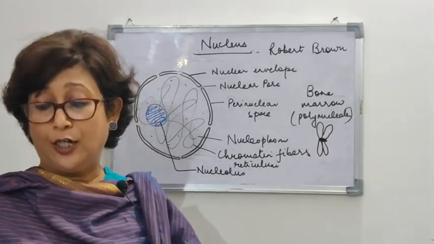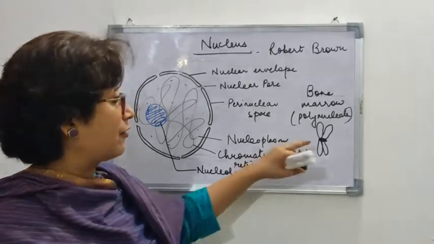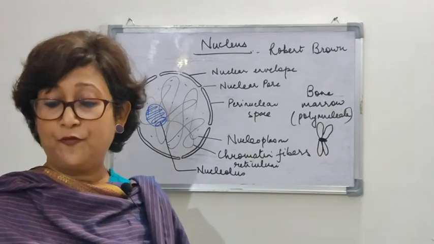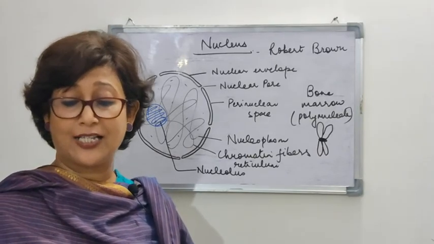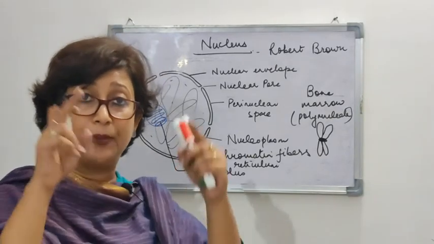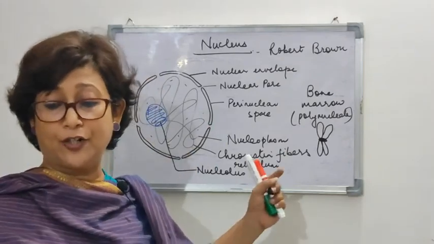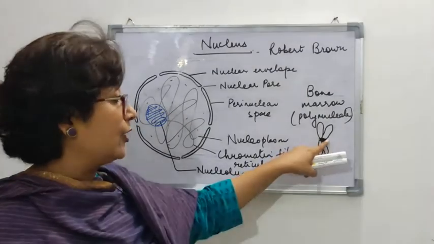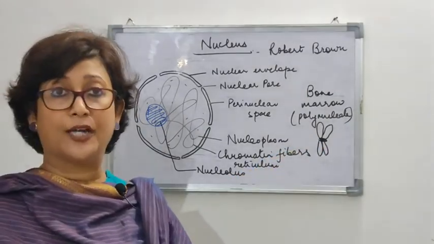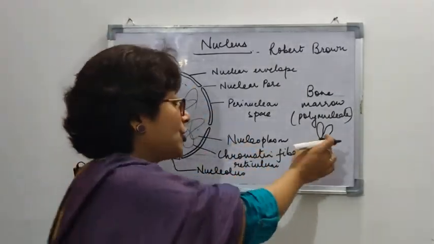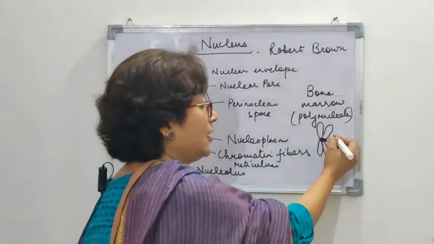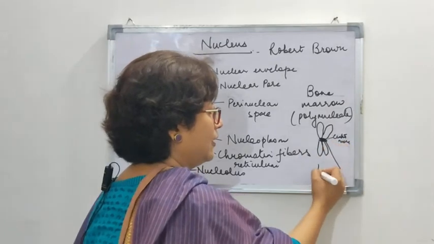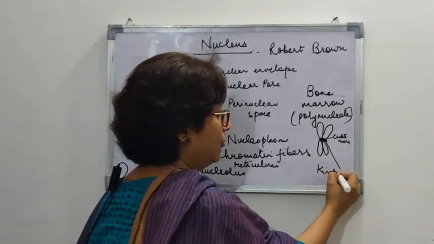This spherical structure is known as the kinetochore. Every chromosome essentially has a primary constriction depression, which is the centromere, on the sides of which a disc-shaped structure known as the kinetochore is present, right? So this depression is the centromere, and this is the kinetochore.